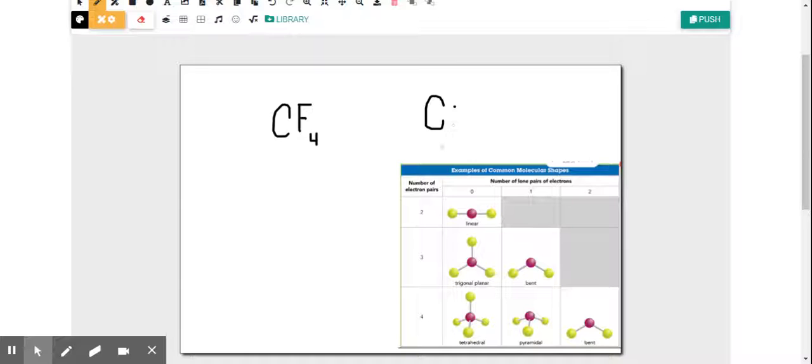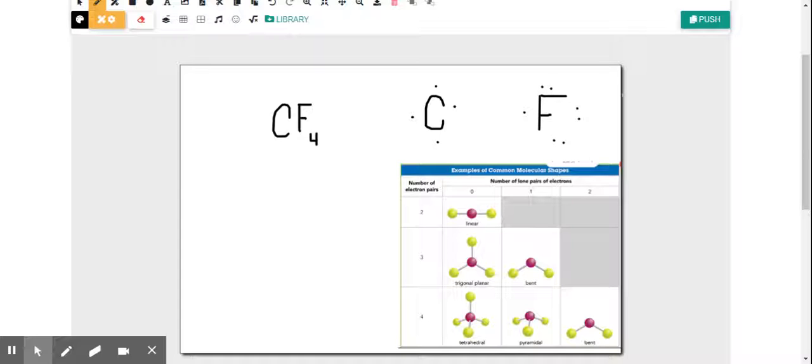So I'm going to draw my valence electrons, one on each side of the atom. So that's the Lewis structure for carbon. If I look up fluorine on my periodic table, it's in group 17, which tells us it has 7 valence electrons. So the Lewis structure for fluorine is going to look like this.